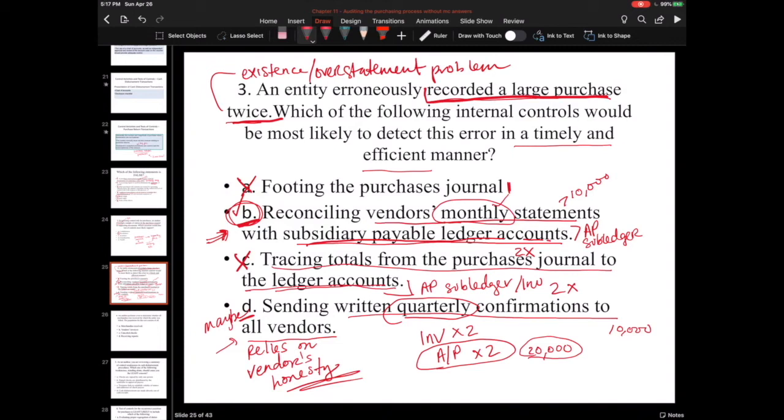Because they could very easily say, yeah, you owe me the $20,000. Yeah, that sounds right to me. So that's the problem with D. The much bigger problem with D is it relies on the vendor to be honest and to be a good person and to not take that extra 10 grand off your hands when you appear to be freely offering it up. So yeah, B is definitely the best answer here.